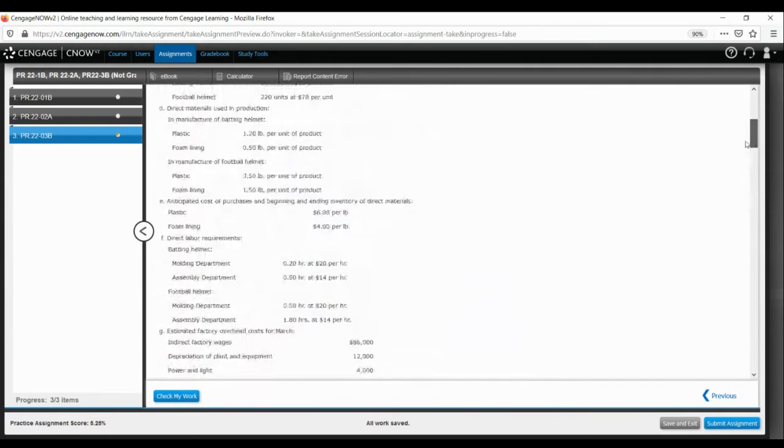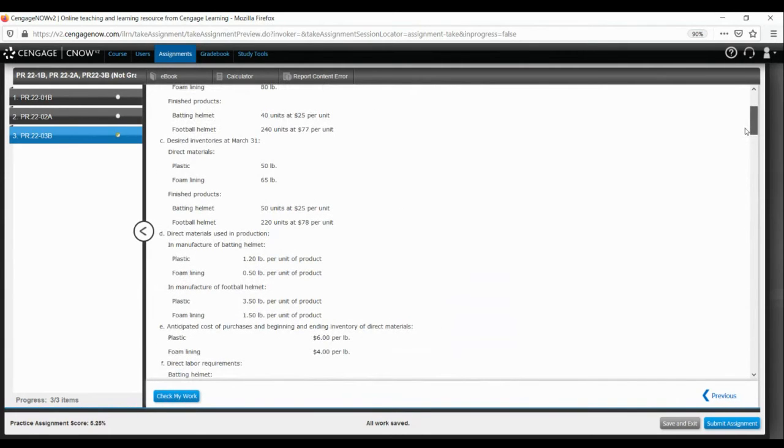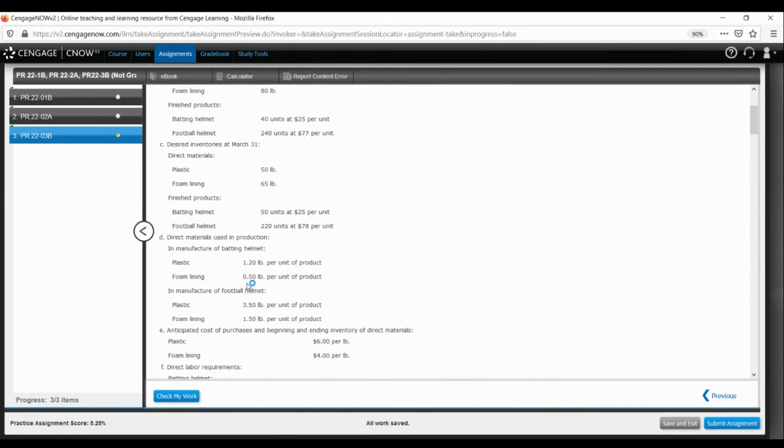So I'm scrolling to the top. I'm going to look for the information in Part D that refers to the direct materials that we're using in production. Notice they've got the materials for batting helmets recorded first, and then the football helmets. Let's start with the batting helmets first. You can see that the batting helmets consist of plastic and foam lining.